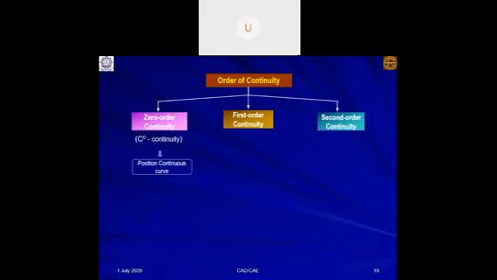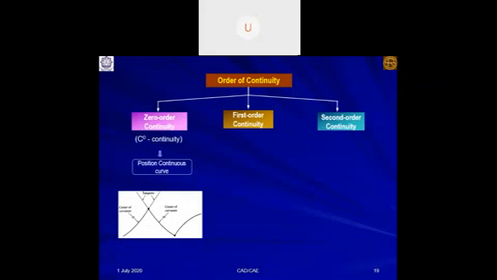Zero order continuity is called C0 continuity, which is a position continuous curve. For example, here I have shown three curve segments: first, second, third. In between the first and second there is a joining point. At the joining point the coordinate is the same.